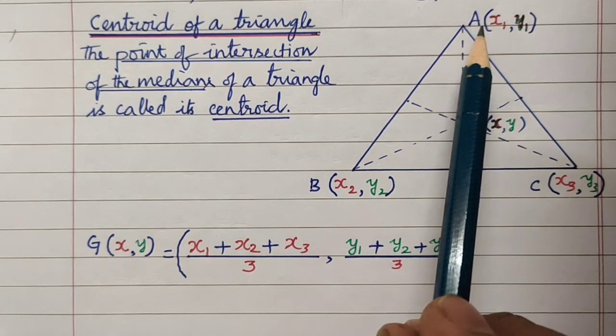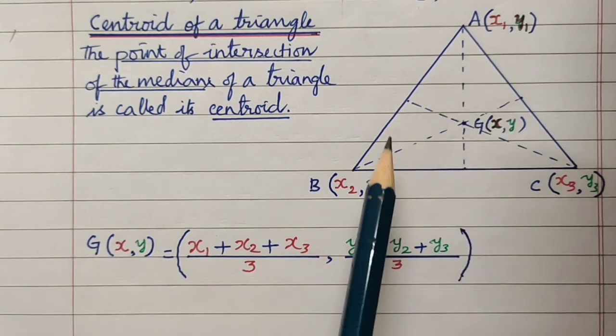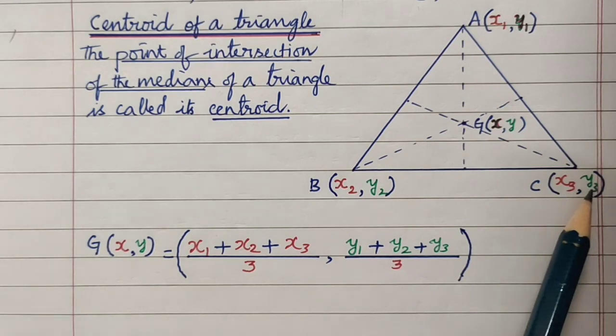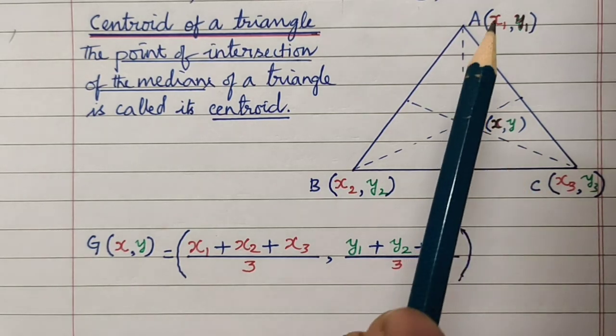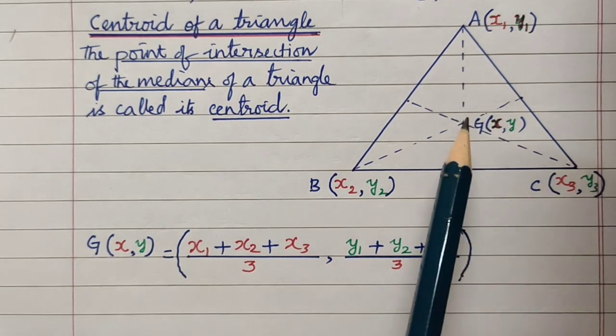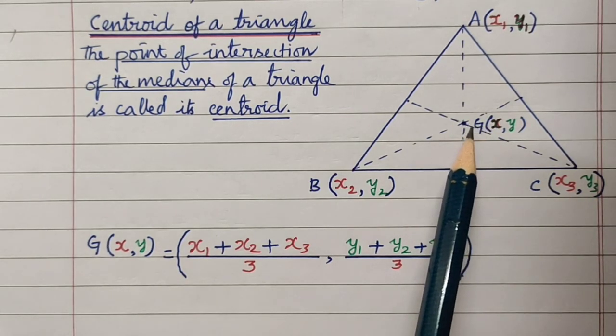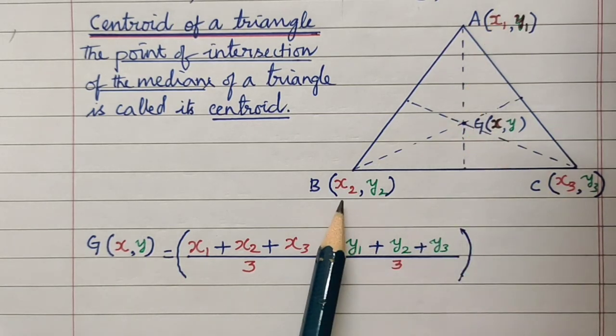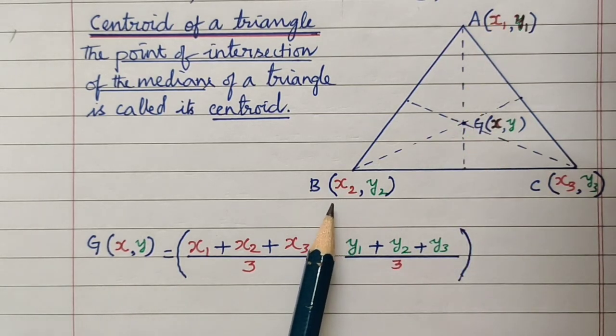If the vertices are given by A(x1, y1), B(x2, y2), and C(x3, y3), then if we know the three vertices of a triangle, we can find the centroid, or if any three values are given, we can find the other point.